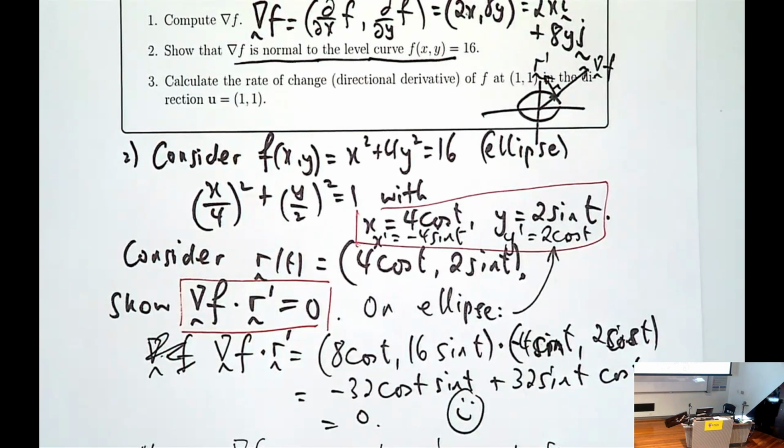You've got a surface or a curve, and you want to understand the rate of change at a point on the curve or the surface in a particular direction. Let me show you a picture, because I think a picture is pretty good.